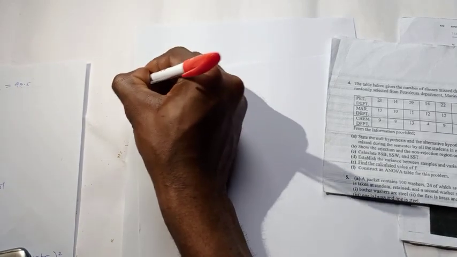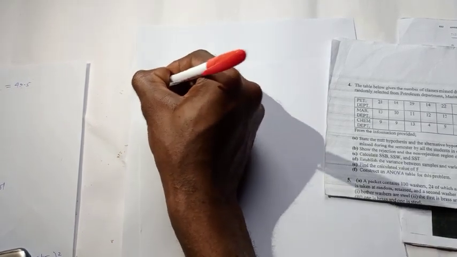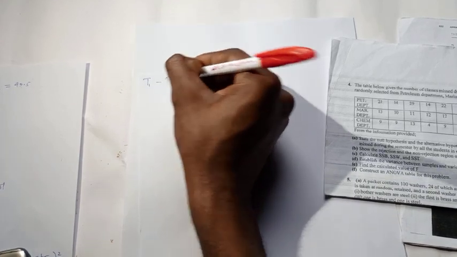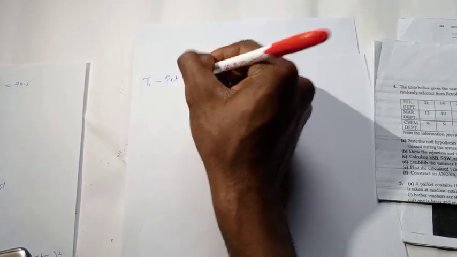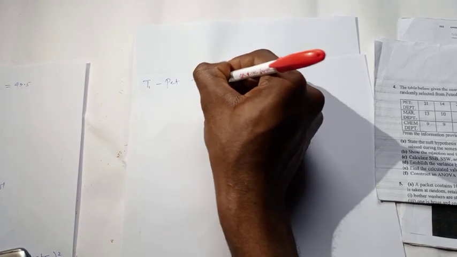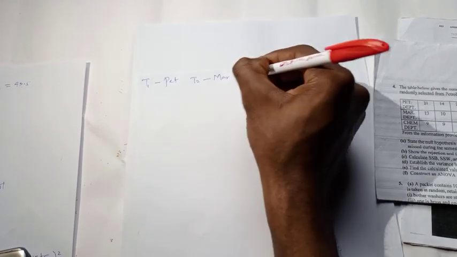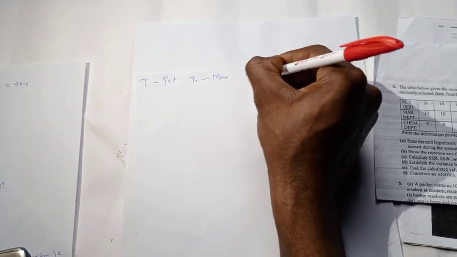All right, so the first thing we have to establish here is that T1, T2, and T3 should represent each of the departments. So let T1 represent petroleum, let T2 represent marine, and let T3 represent chemical.